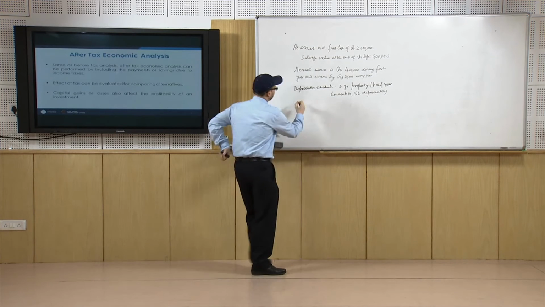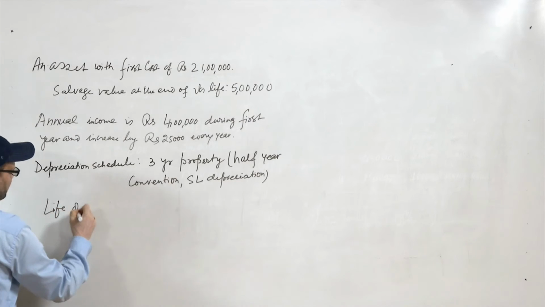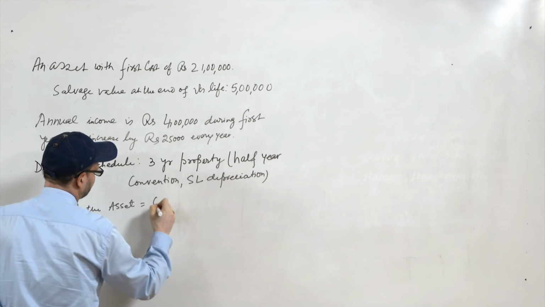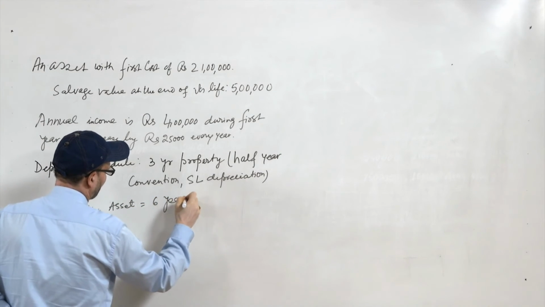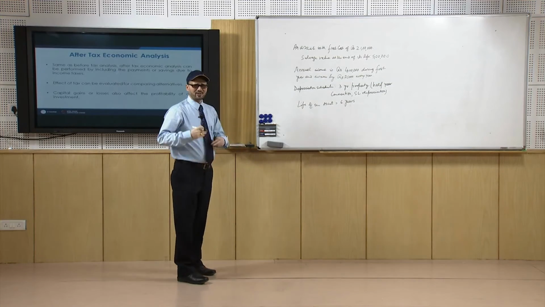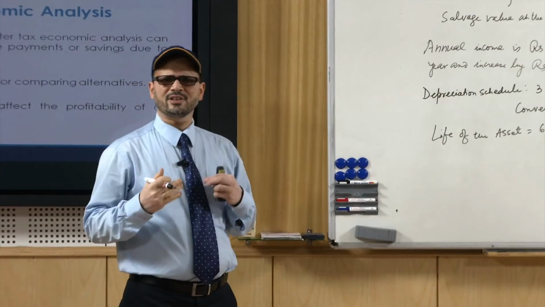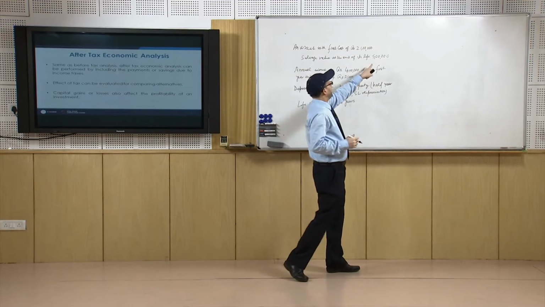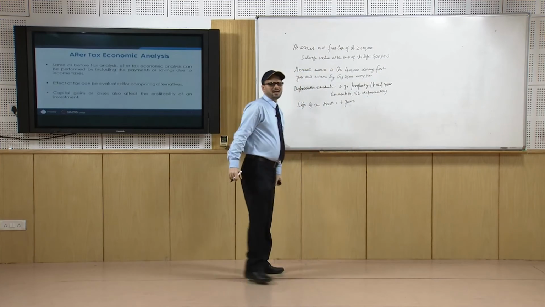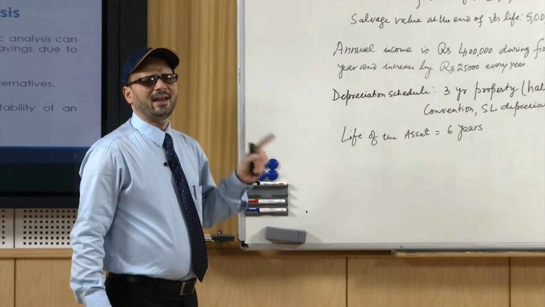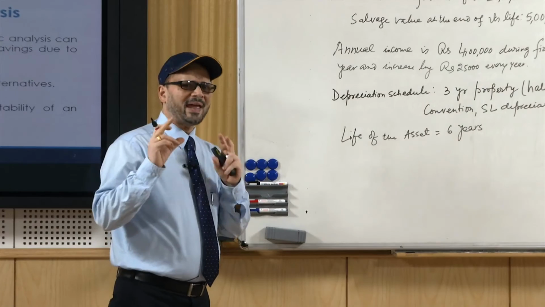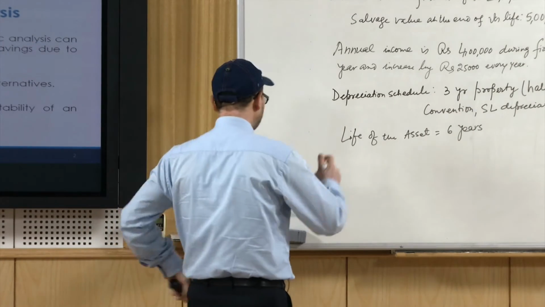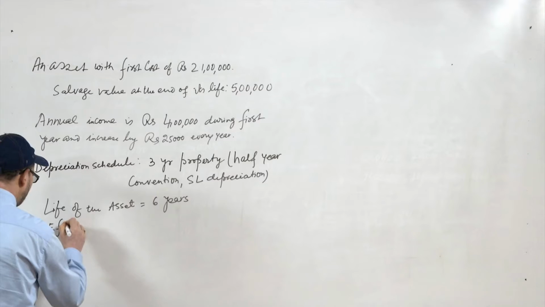The life of the asset is taken as 6 years. So, what happens here is that at the end of 6 years you are getting an income of 5 lakh, and this is the capital gain, and you have to pay the tax on the capital gain. The effective tax rate is 30%.